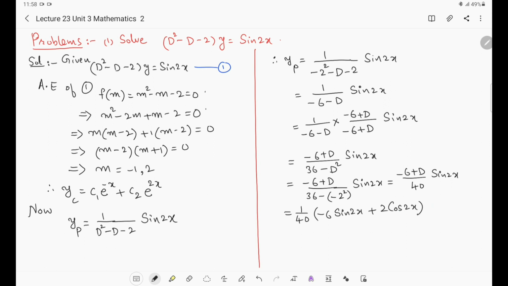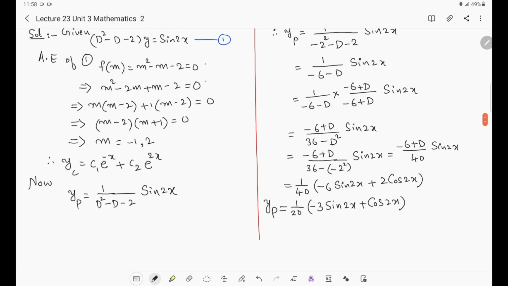So, 2 cos 2x we will get. If we simplify further this, then what will happen? We can take 2 outside. See, from this if we take 2 outside, minus 3 will remain here and this 2 will be taken out. 2 by 40, which is 1 by 20 into minus 3 sin 2x plus cos 2x. Right, this is the particular integral.